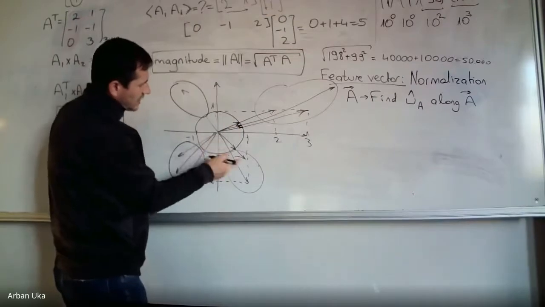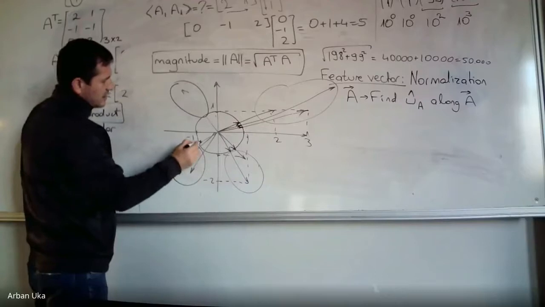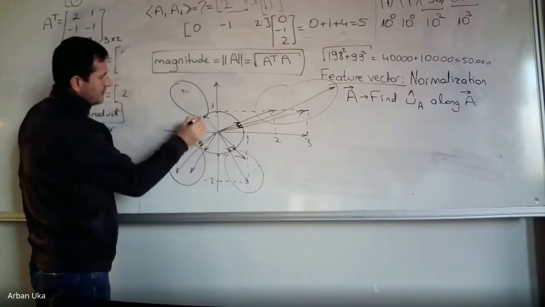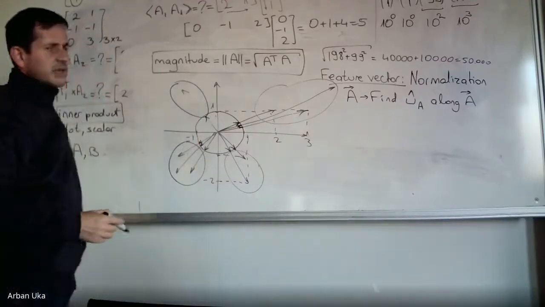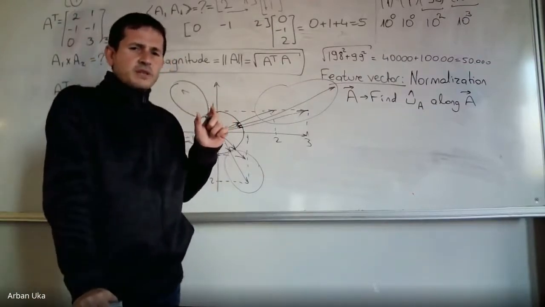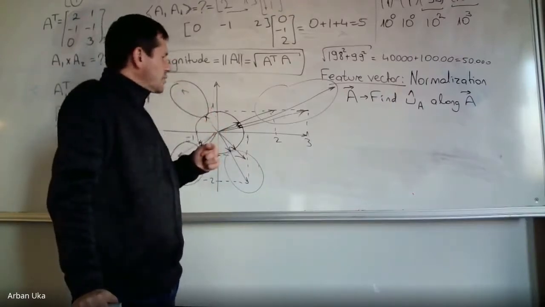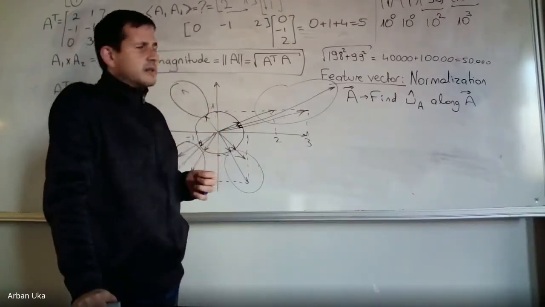Similarly, we normalize this one, we get this. We normalize again, we get this. And I think you can easily follow the pattern. And now that the vectors are normalized, all of them have the same magnitude. It is easier and better to compare them and to check whether they have any similarity.